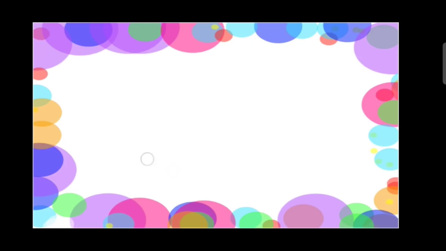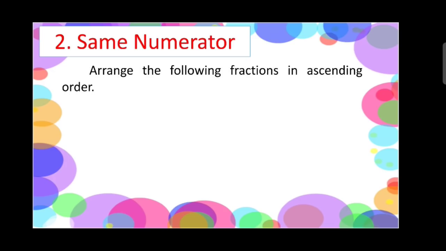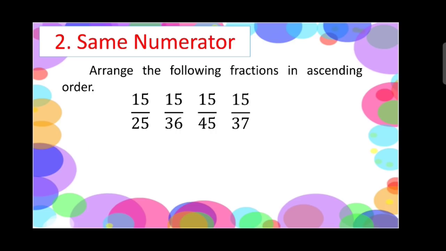Paano naman kapag same numerator? So, ayan. Arrange the following fractions in ascending order. So, 15 over 25, 15 over 36, 15 over 45, and then 15 over 37. So, kung matatandaan nyo in comparing fractions, di ba, sa same numerator, magkakamukha sila ng numerator.